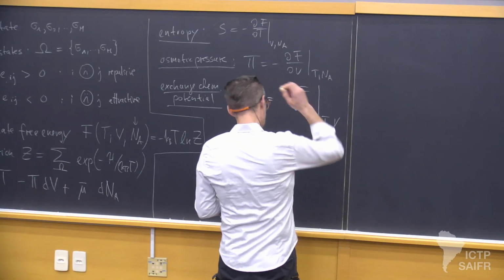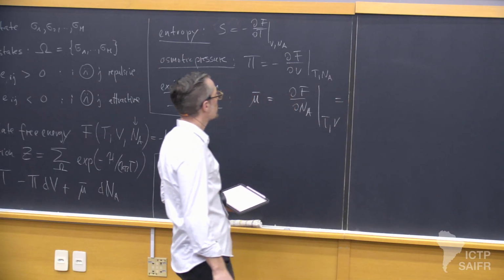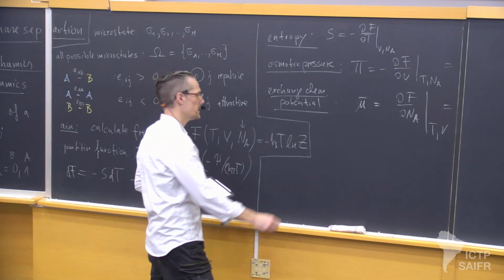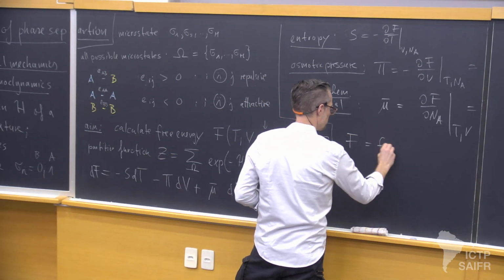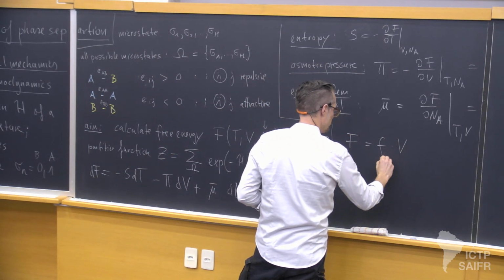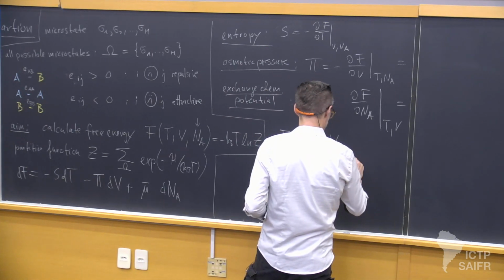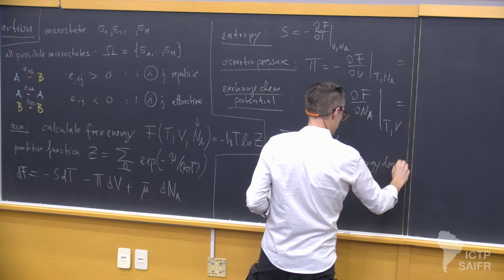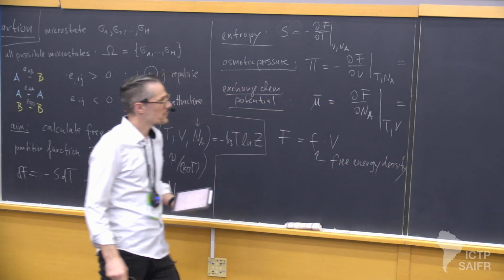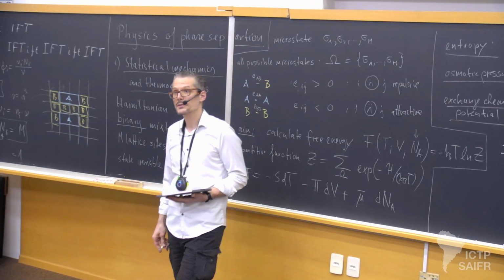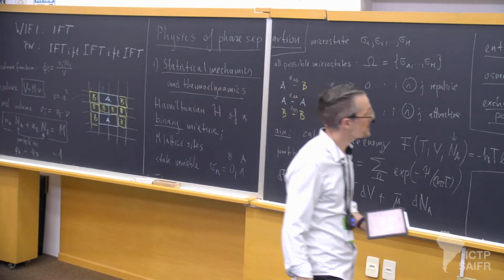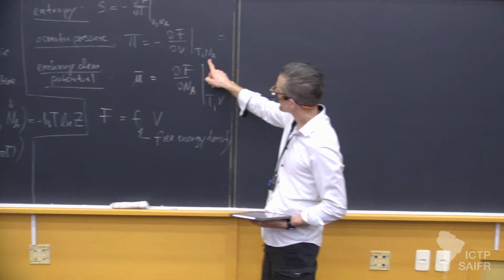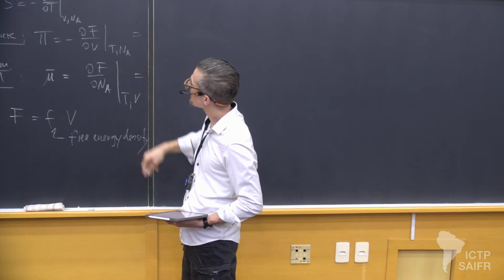Yeah, so that's because later I showed you this free energy density. There's this small f. We want to rewrite this derivative with respect to the free energy density, and we can just plug this in.